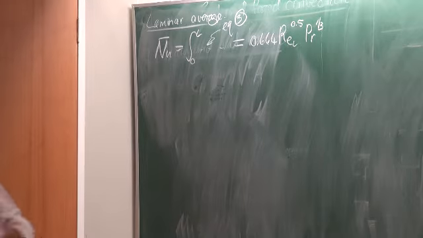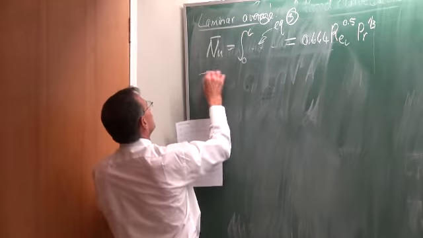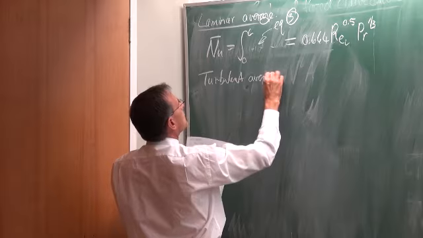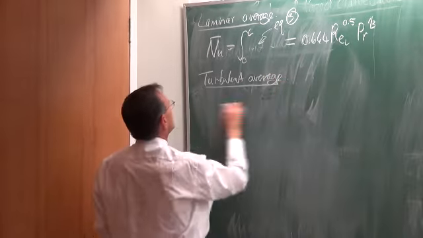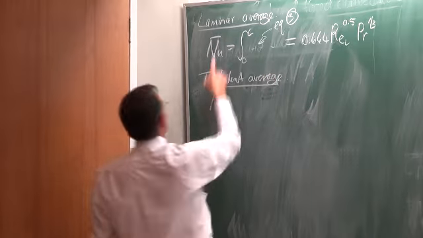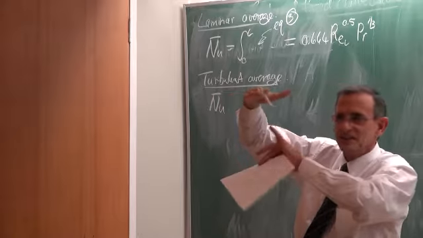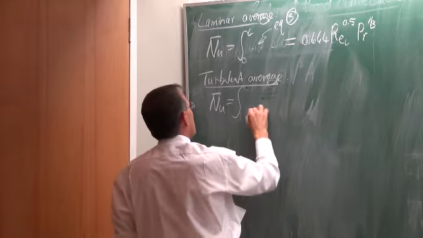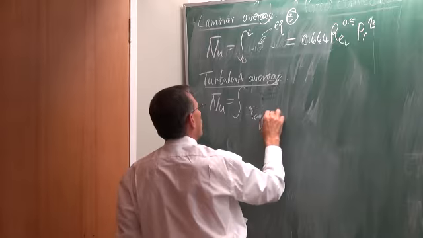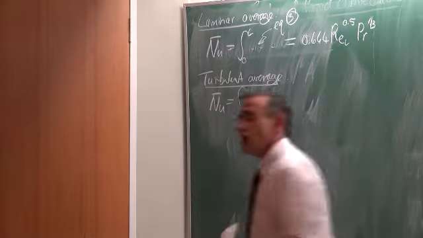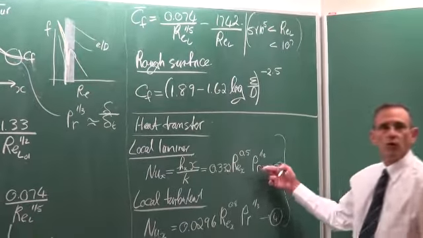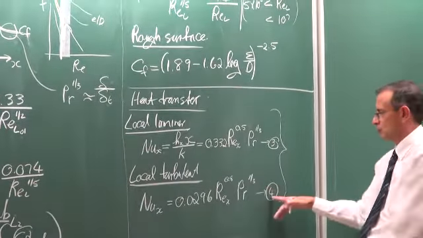Then the same for turbulent average. The Nusselt number, again I put that on to indicate it's the average value. If we do now the integration over the length, and now we use equation 4, the local Nusselt number equation, let's just look at it again here on the side of the board: equation 3 for laminar flow, equation 4 for turbulent flow.